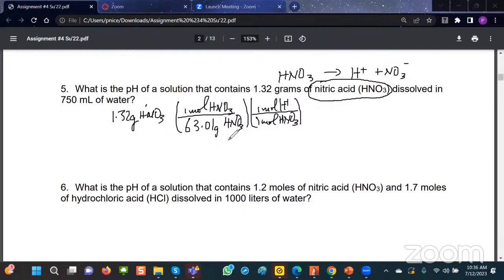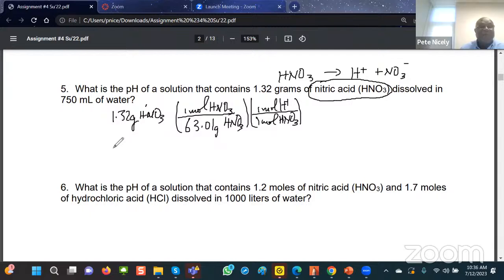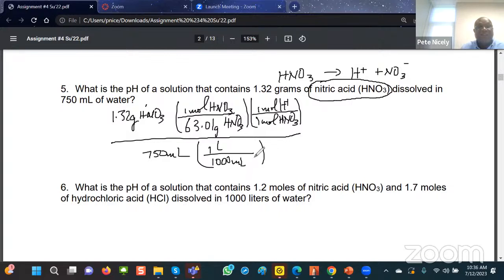You need to convert the 750 milliliters into liters. I would do that down here because remember, eventually you have to divide the moles by the volume. So 750 mL, convert to liters, 1 liter over 1,000 mL. And that's the setup. The grams of nitric acid will cancel, the moles of nitric acid will cancel, the milliliters will cancel. So your answer will be in M when you do that.